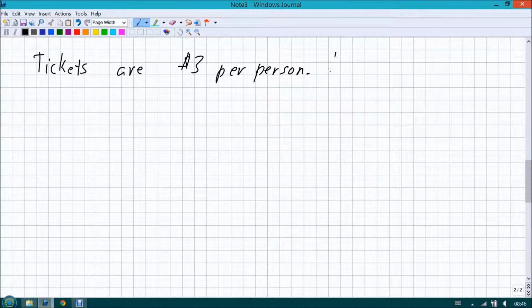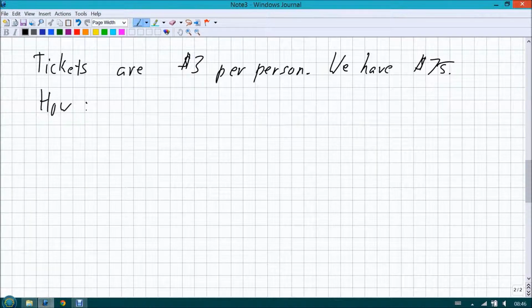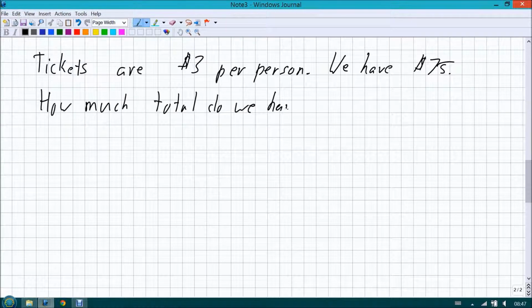And we have a starting fund of $75 in the bank. Now the question is, how much total do we have after the party?